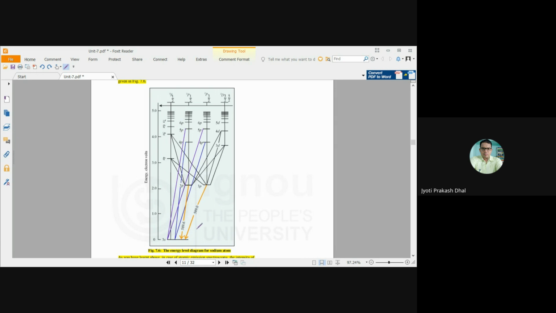After that, the electron in the excited state will undergo relaxation by coming back from the 3p energy level to the 3s energy level, emitting radiation at 589 nanometers and 589.6 nanometers. So these are the two different peaks obtained, which are yellow electromagnetic radiations.